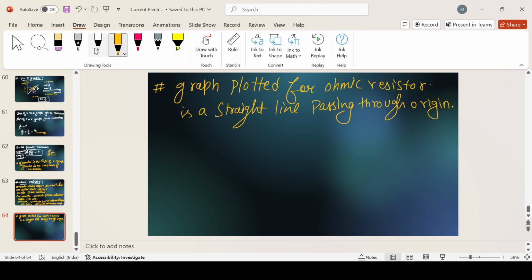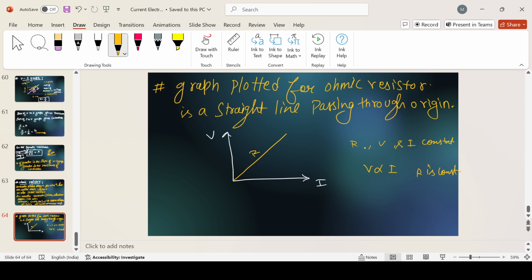So the graph, you can see, is like this. This is I, this is V. So the graph will be a straight line, and this is R. For every value of V and I, R will be constant, because here V is proportional to I and R is constant.